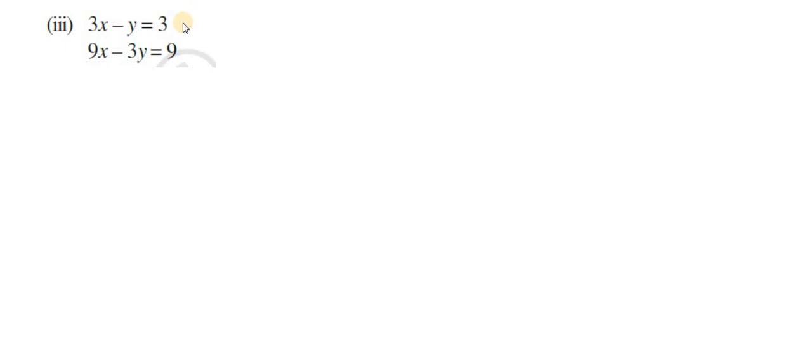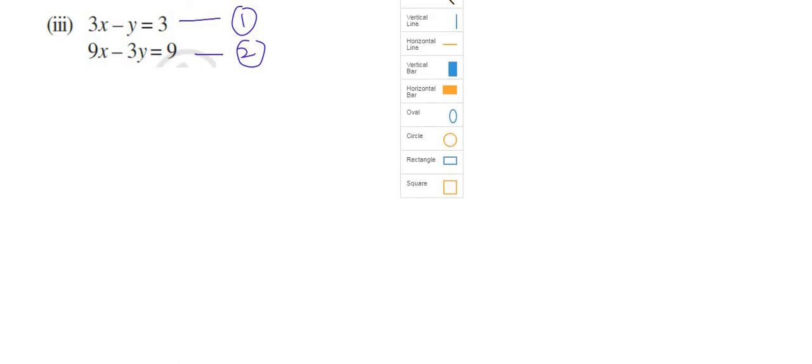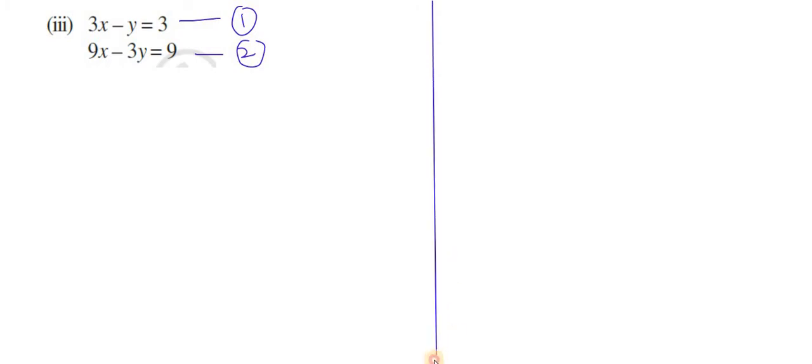So now here, call this equation 1 and this equation 2. Now simplify this. From equation 1 we can isolate x, or from equation 2, whichever you want. I'll take equation 1. So here 3x minus y is equal to 3.